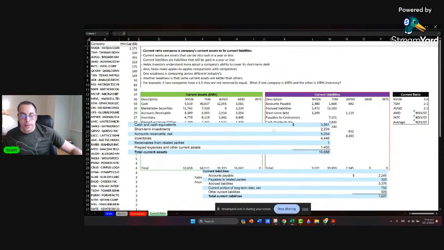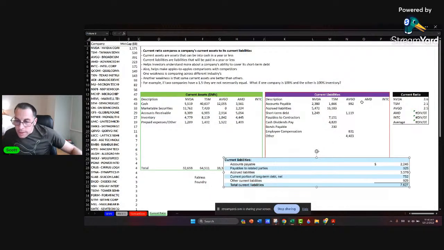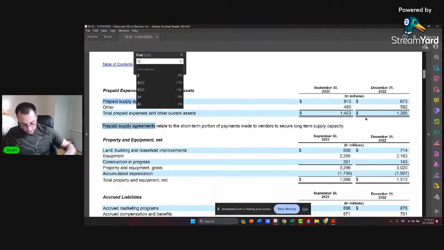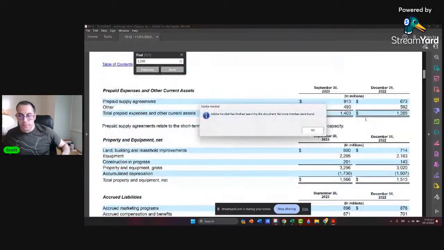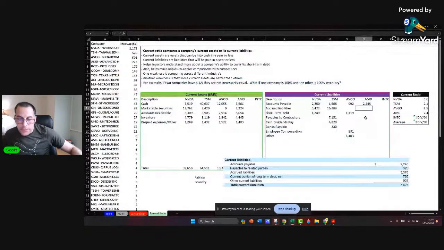AMD. AMD. Accounts payable 2245. Let's see if they define that. Okay, well, let's just keep going. Payables to related parties. Like I put down on payables contractors, I guess.